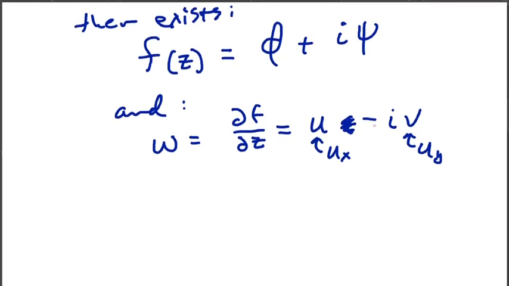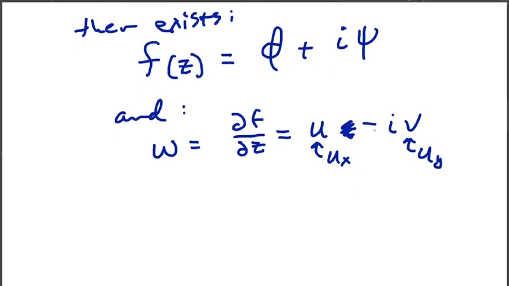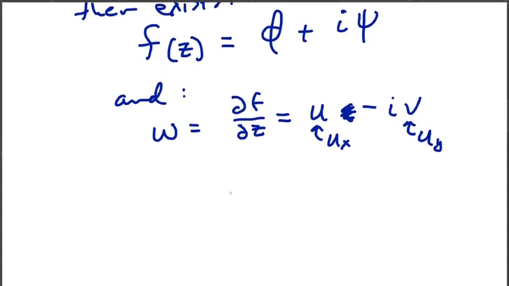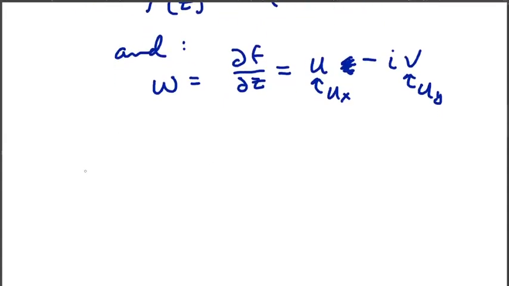What else can we tell from this combination of a stream function and a potential? Well, we assumed that we had ideal, incompressible, and irrotational flow. What if we relax that? What if we're more general?